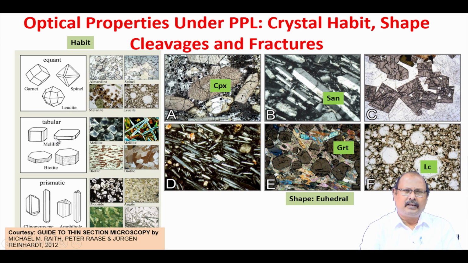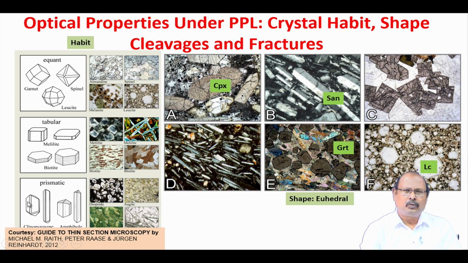Whereas, if you see a section like this one here, you will be able to see a slightly elongated shape. And in case of biotite, if there is a basal cleavage here, you will see this biotite as flaky minerals here.